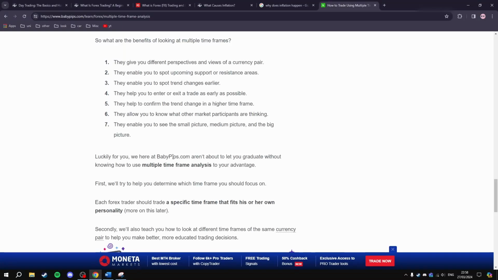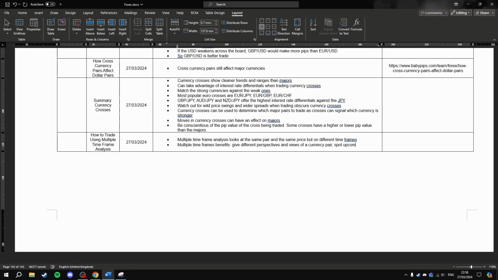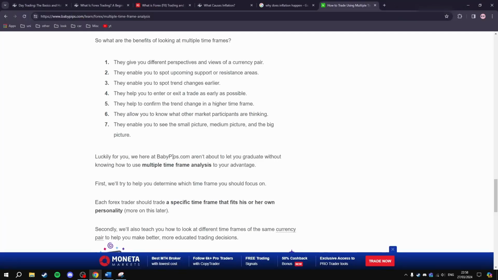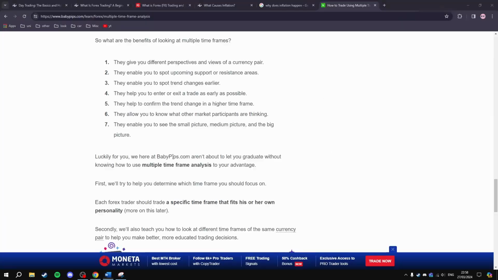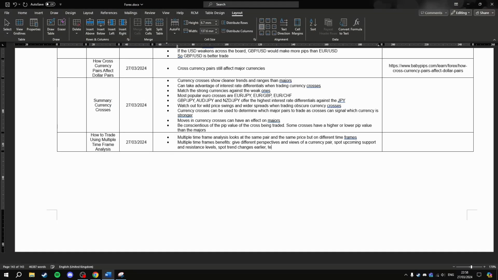Spot upcoming support and resistance levels. Spot trend changes earlier. Enter or exit a trade as early as possible.